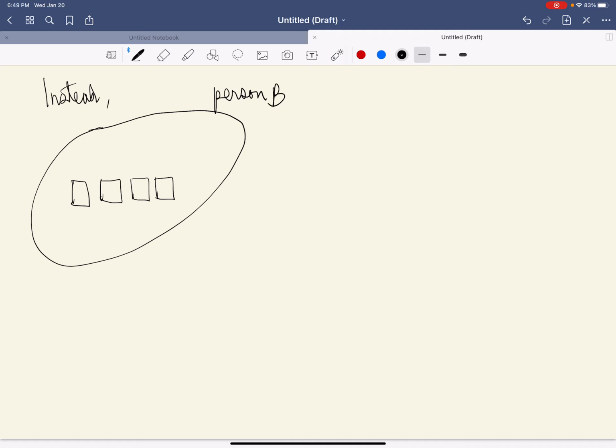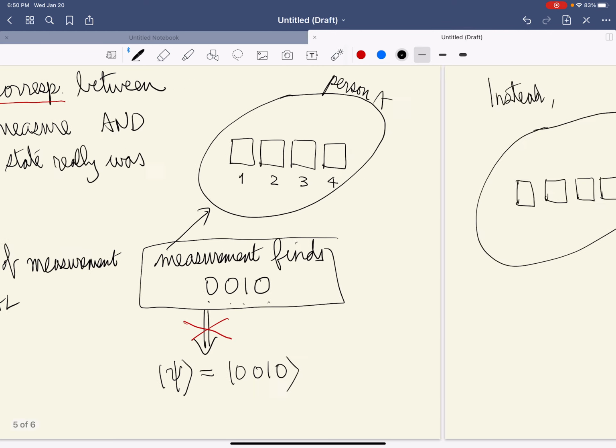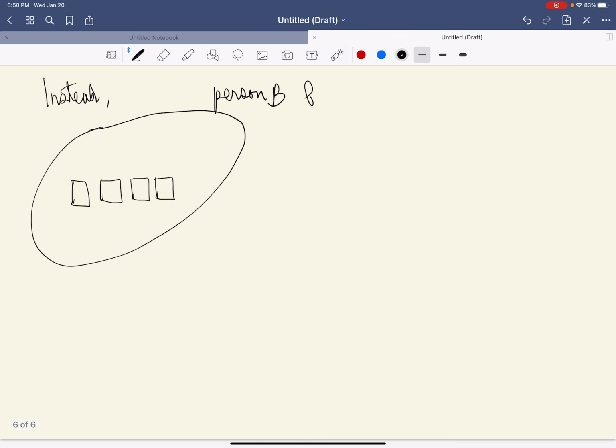He takes the same quantum state and does his own measurements on this quantum state. And strangely enough, instead of finding 0010, he measures 0101.